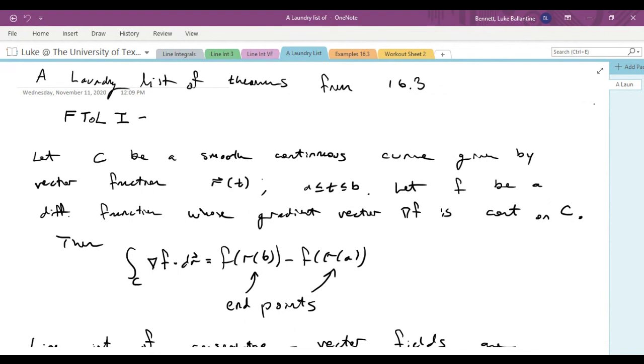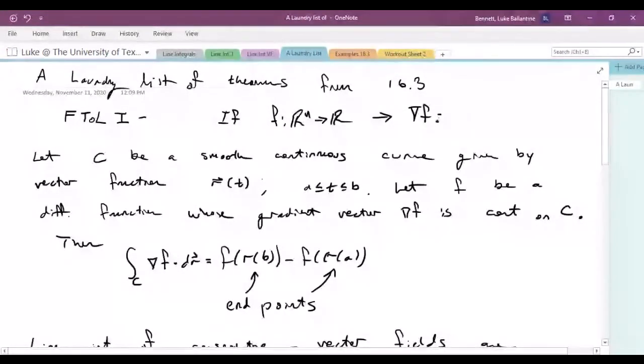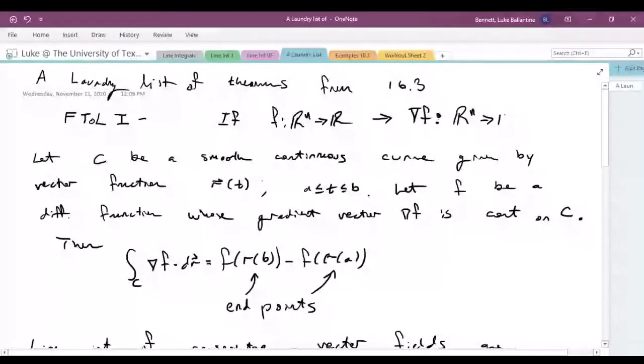So if we let C be a smooth, continuous curve given by the vector function r of t for t in the interval from a to b, let f be a differentiable function whose gradient vector, the gradient of f, is continuous on C, then the integral over C of del f dot dr. Remember, if f maps R into R, it is a scalar function, then the gradient of f is a vector function mapping Rn to Rn.